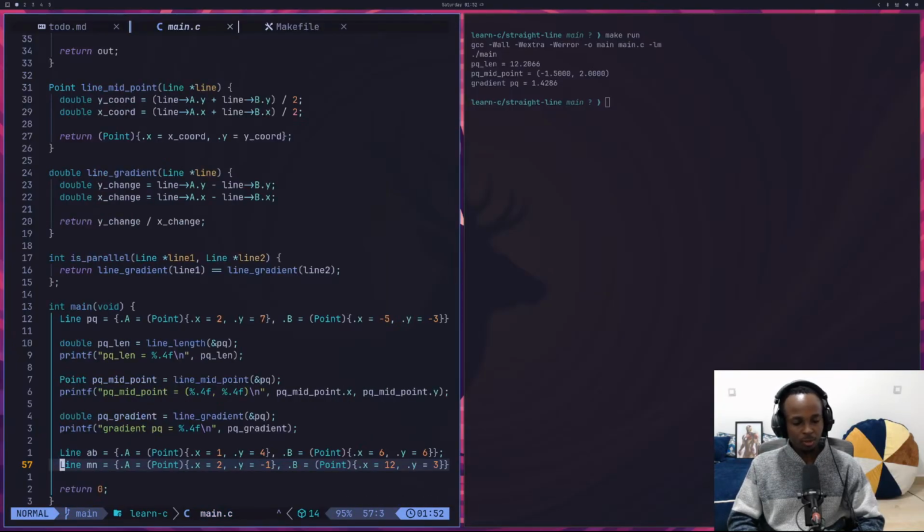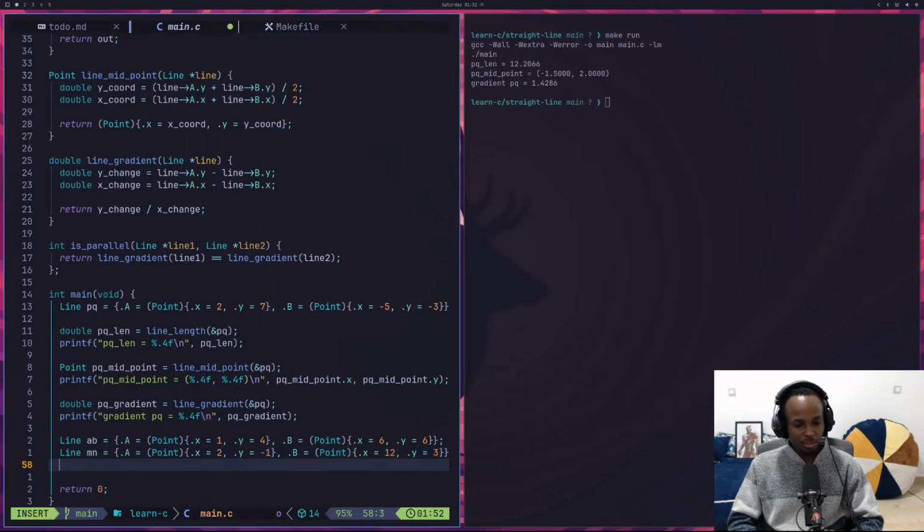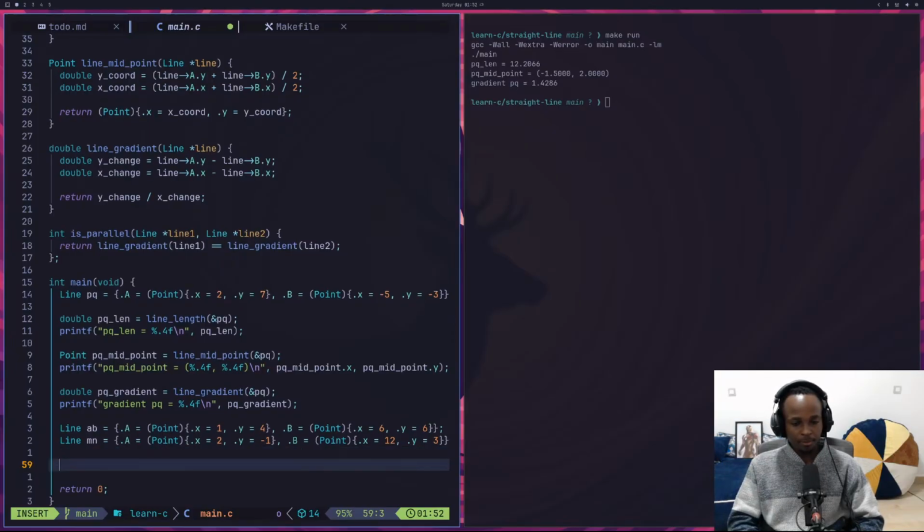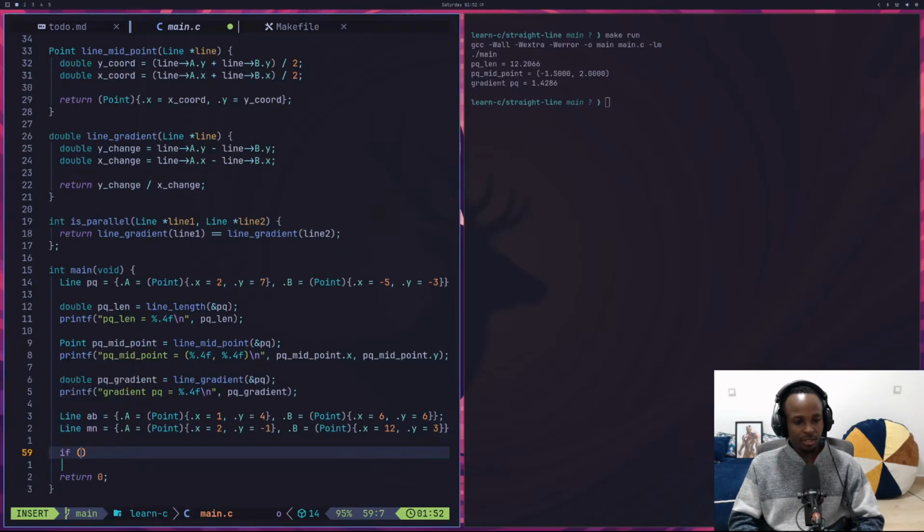Okay, so now we need to check if the two of them are perpendicular. Oh, not perpendicular, parallel. So we can just do something like: if is parallel, and then we pass in a reference to AB, then a reference to MN.